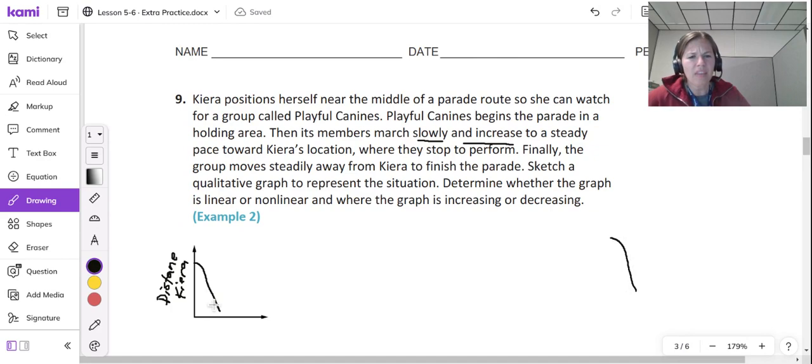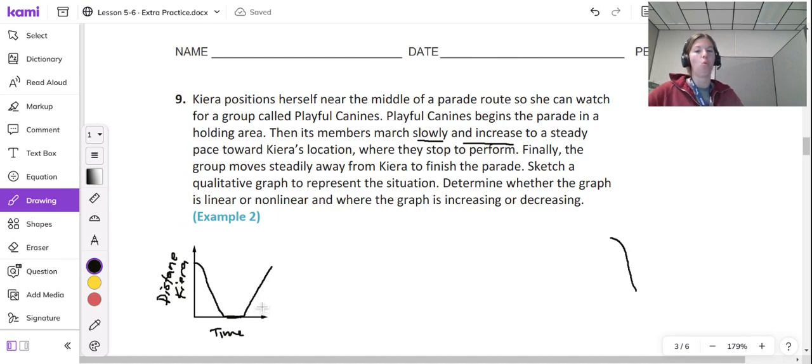And then it says toward Kira's location where they stop to perform. So at Kira's location, they stop, time continues. Then they move steadily away from Kira to finish the parade. So steadily is at a constant rate.